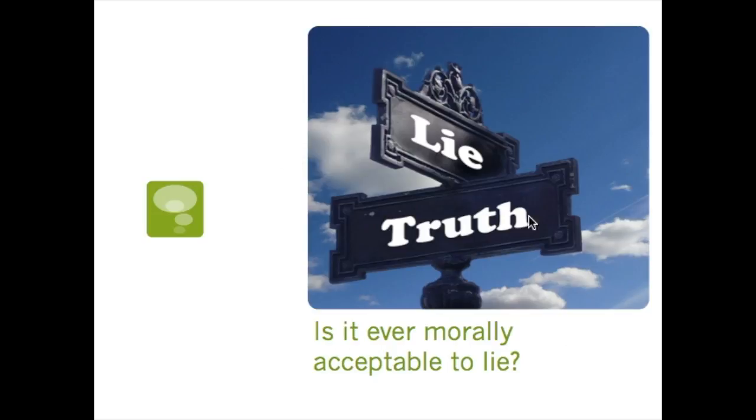Now, there are some issues on which the four accounts disagree, and typically this is a question for which they disagree. Is it ever morally acceptable to lie? There are many others, but this is a particularly striking one. Is it ever morally acceptable to lie?